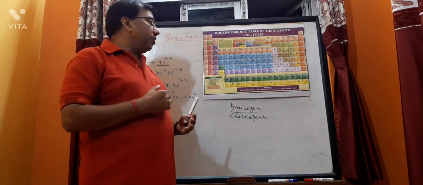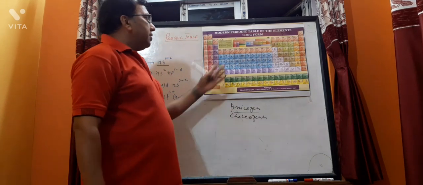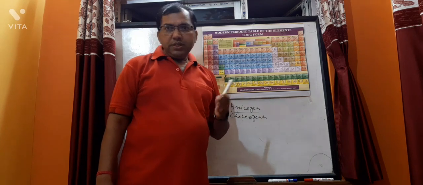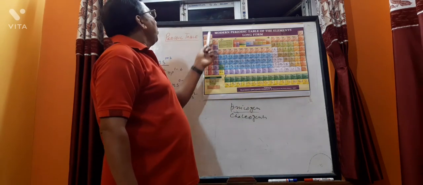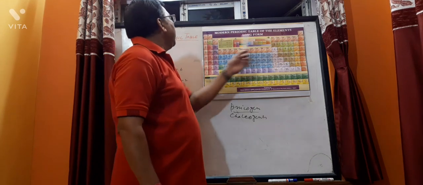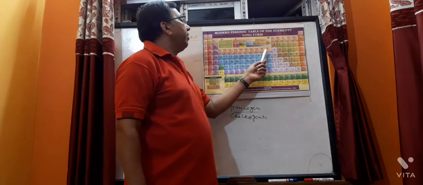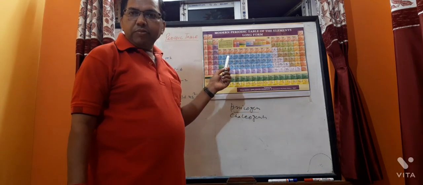Why inner d orbital? This is the inner orbital, inner d orbital group. That is the group 3. Out here 1, 2 completed, 13 completed, remaining 3, 4, 5, 6, 7, 8, 9, 10, 11, 12. That is, 3 to 12 are known as D block elements.